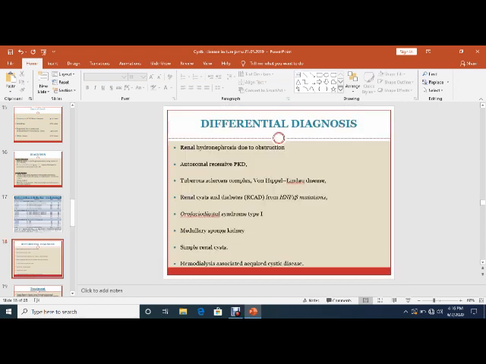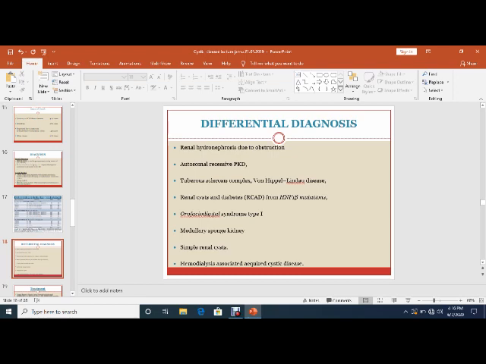After that, the differential diagnosis of polycystic kidney disease. Obviously, in case of polycystic kidney, enlargement of the kidney takes place, so we should think of the causes of the enlarged kidney.